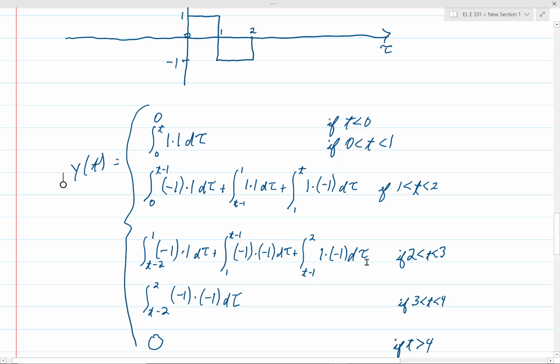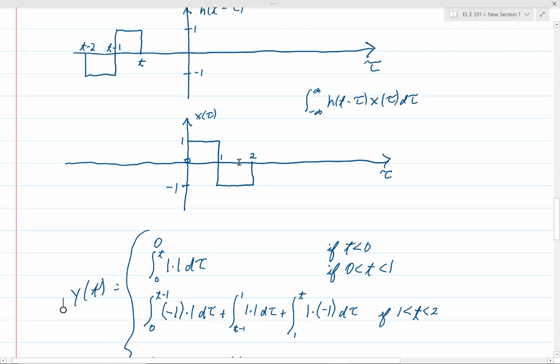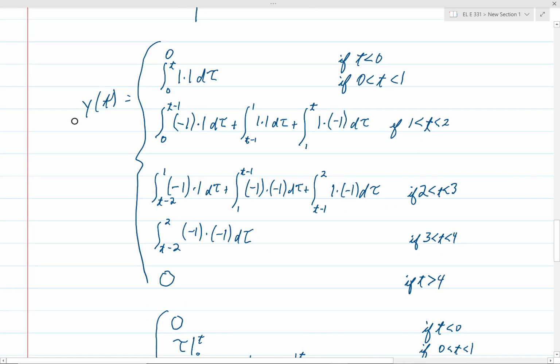And once again, all of that is when t is between 2 and 3, which means that t minus 1 is between 1 and 2. And then the final thing we have to consider is when t minus 2 is between 1 and 2, which is the same thing as saying that t is between 3 and 4.